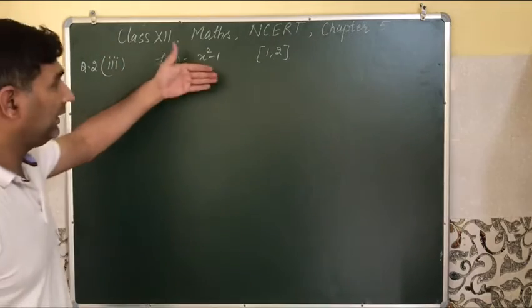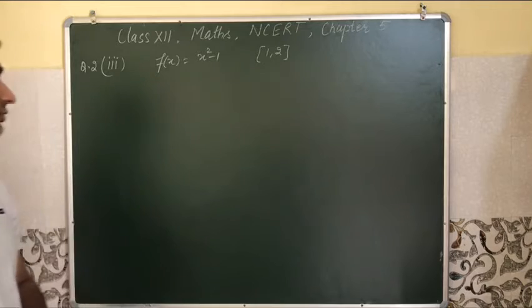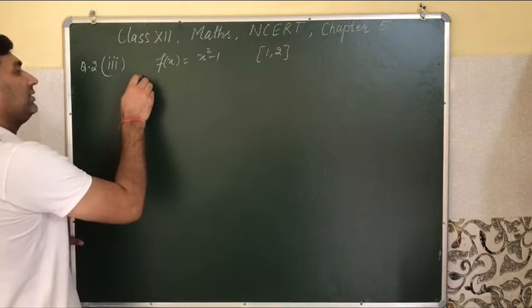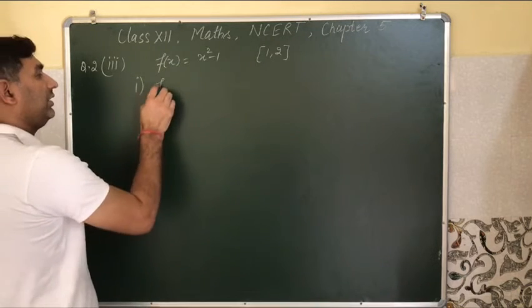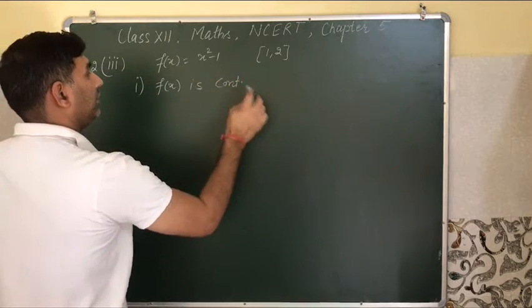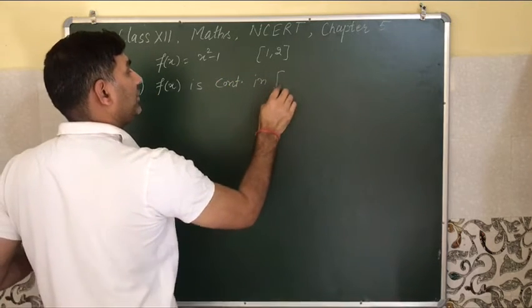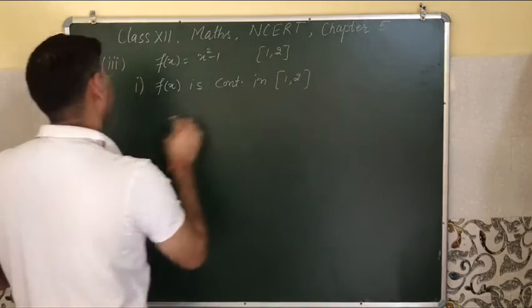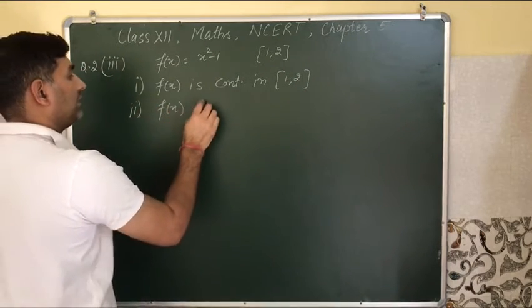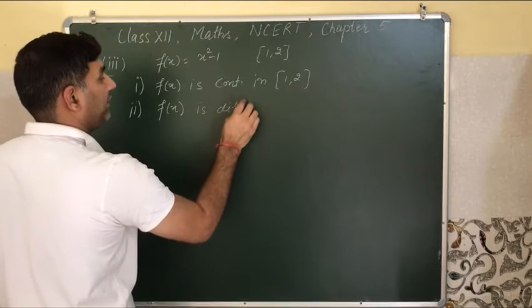Then f(x), we know that this x square minus 1 is a polynomial function, and a polynomial function is a differentiable and continuous function. That means the first condition is satisfying, f(x) is continuous in closed interval, and the second condition is f(x) is differentiable in open interval.